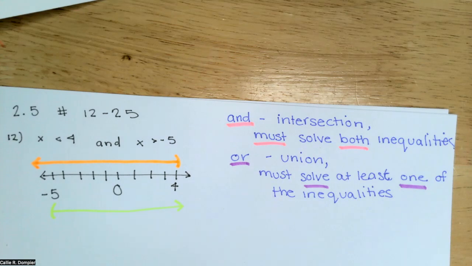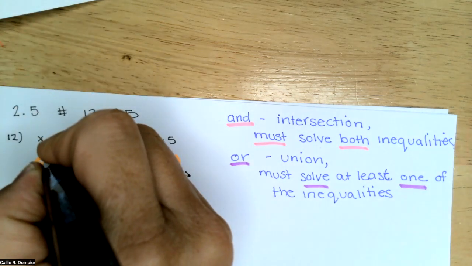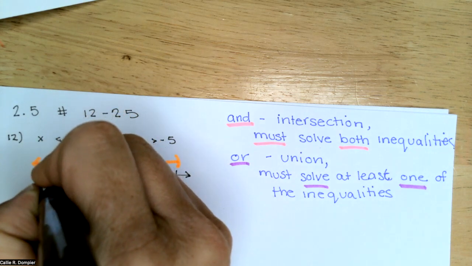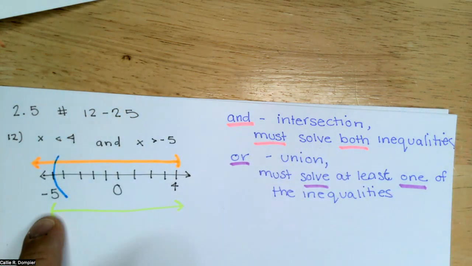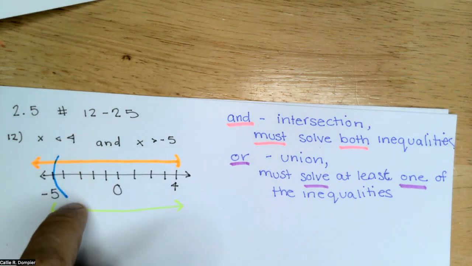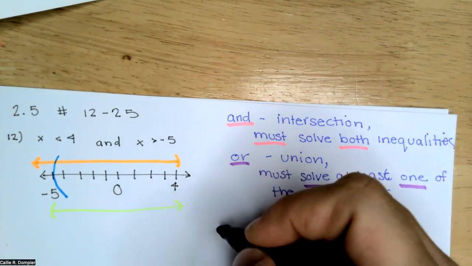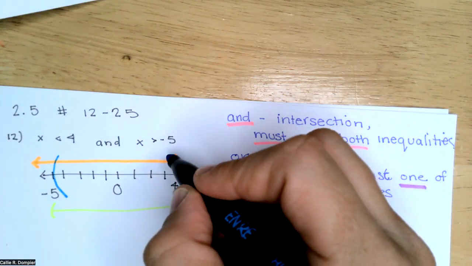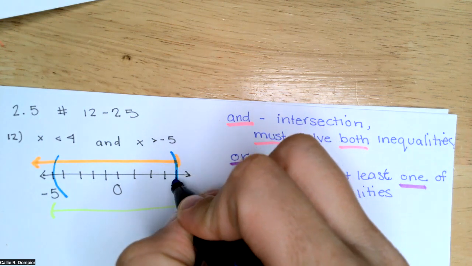that means if I were to overlap these two, this stops here, right? This one goes forever in this direction, but this one starts here. So I'm going to cut it off at -5. And then here, that looks like an arrow, but that's just because I drew it poorly. This one stops here.